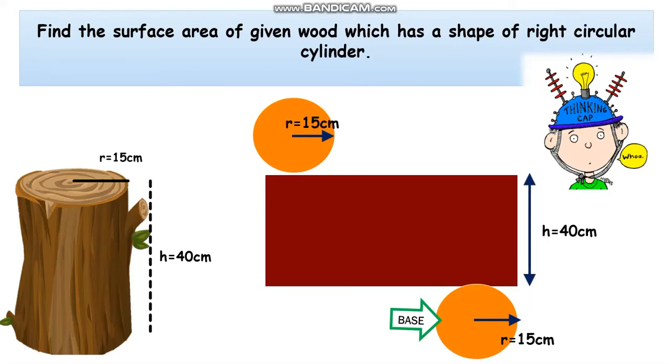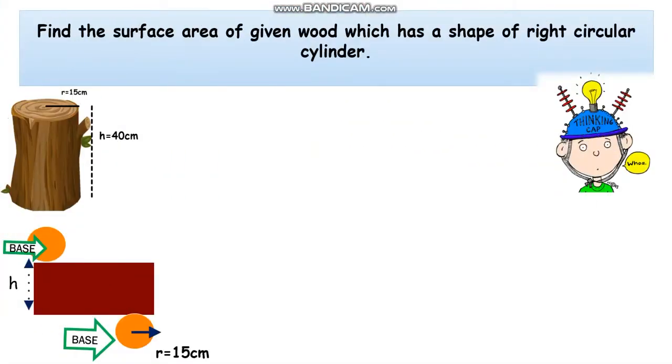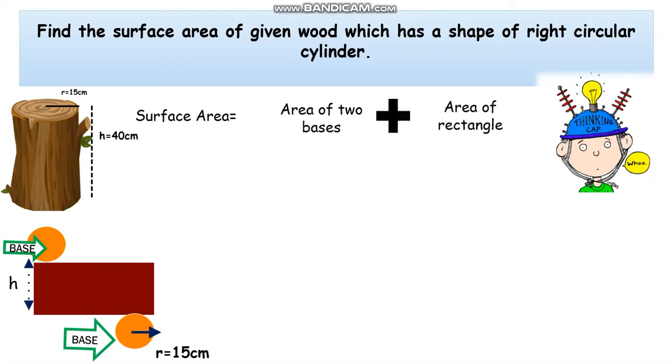So let's look at the question. Here we will make some calculations to find the surface area of the given wood. We know that the surface area means covering all parts of the cylinder. So it means the area of two bases plus the area of the rectangle.